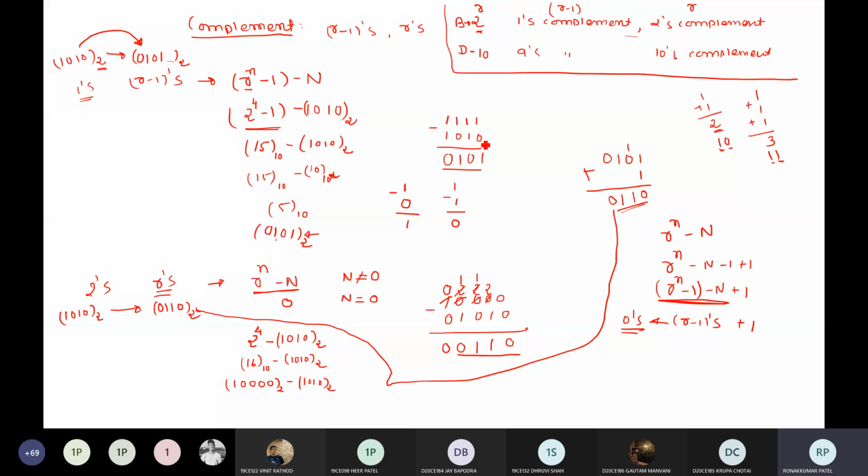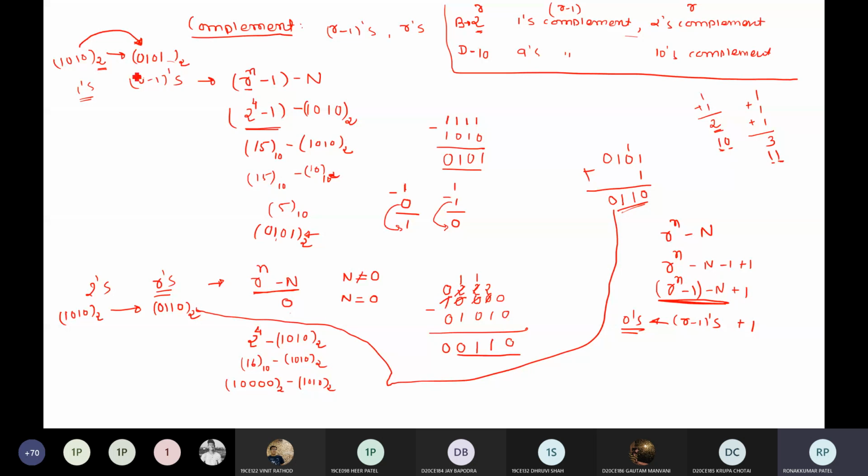So whenever you are subtracting your number from 1, you will get the opposite digit. Right now we are talking about 1's complement only. So you will get the opposite digit. So this will be 1, this will be 0. So 0 was converted into what? 1. 1 into what? 0. That's why we are directly saying that whatever the number is, convert 0 into 1 and 1 into 0.